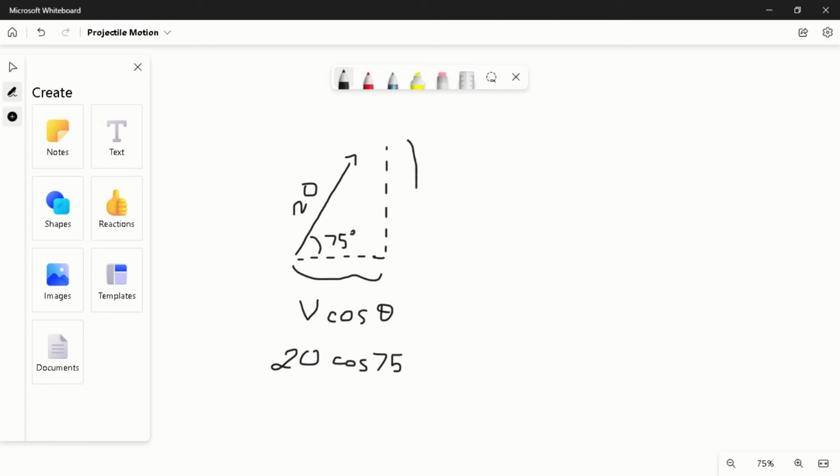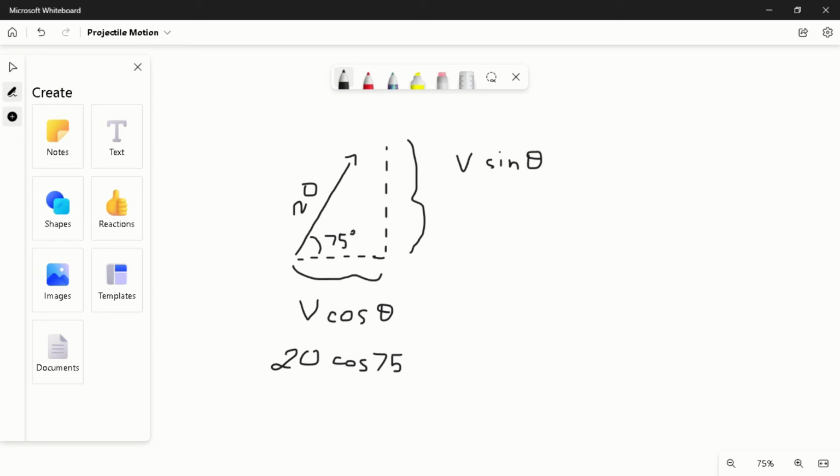And for this side, I don't know how Khan Academy draws so nicely. Our vertical side is our vertical velocity, and it would be V times the sine of theta.